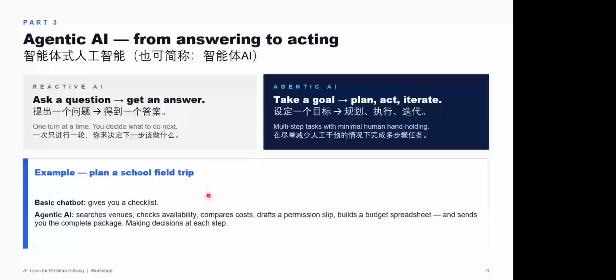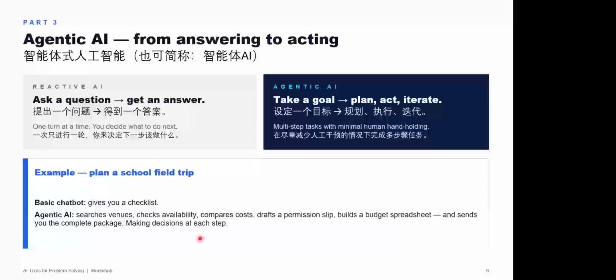And it's not just one time. You will make decisions at each step. Let's say when it comes to comparing the price and this price is not good, it will generate another new one and try to make a comparison again. So it will give you the optimized price or the optimized planning, and it works based on what you are asking for.